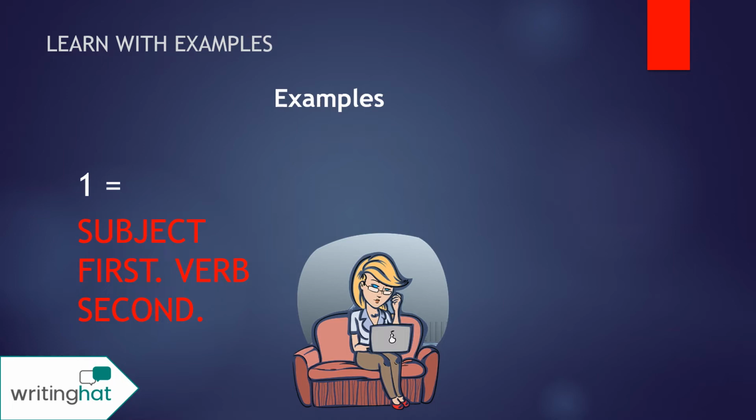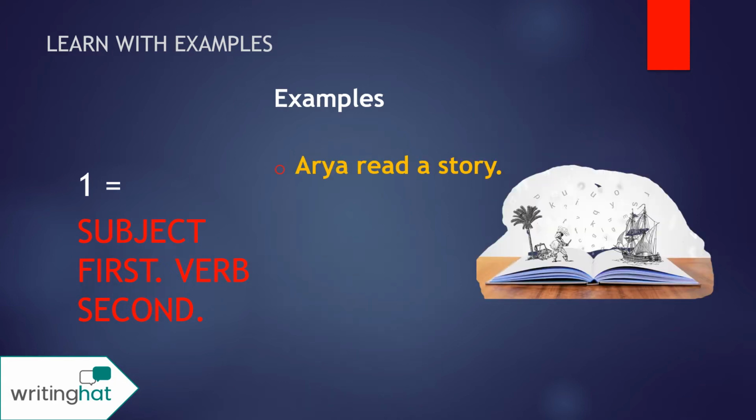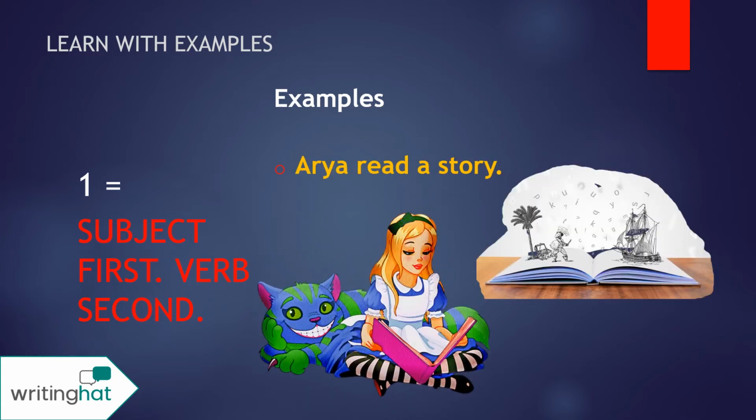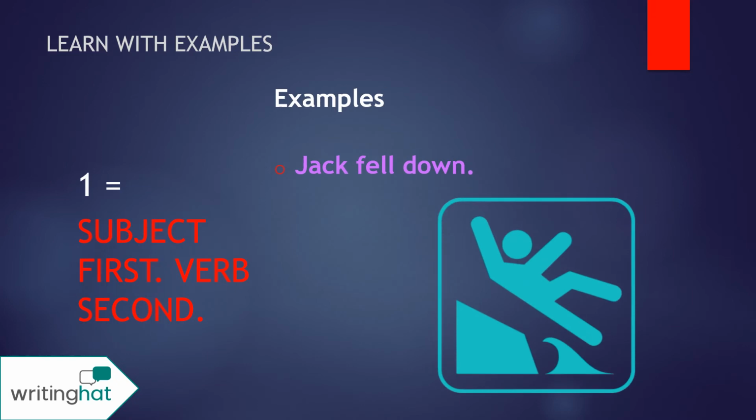Let's look at a few examples of subject first, verb second. I sat down. The subject is I and the verb is sat. Arya read a story. The subject is Arya and the verb is read. Jack fell down.